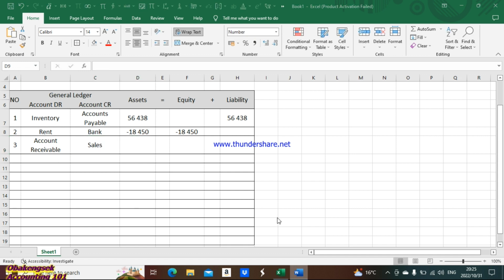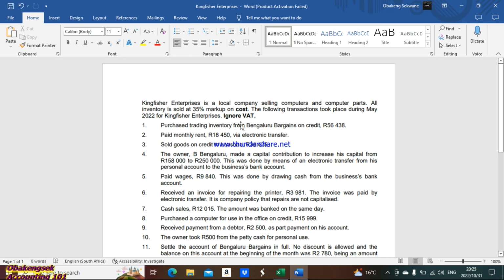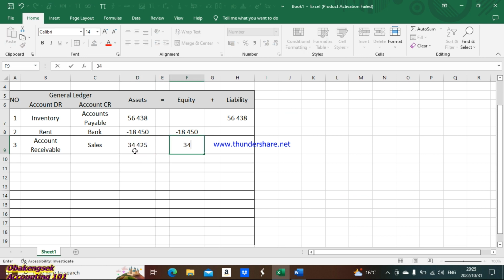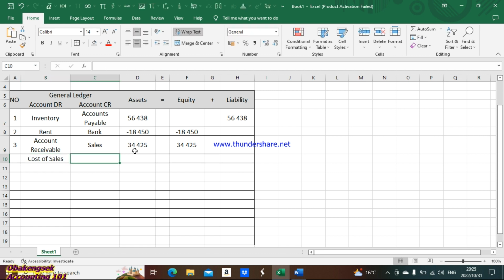Our accounts receivable is an asset. So we sold goods on credit, 34,425. It's a positive. Our sales is in equity, 34,425. There we go. Then we have our cost of sales and our inventory.